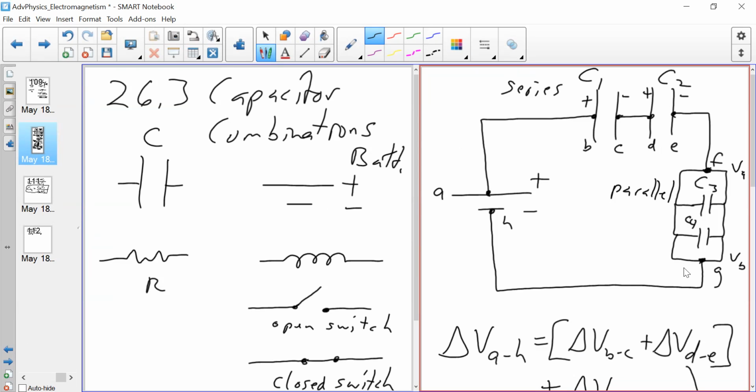You add all these voltages up: if the battery is 6, let's say this one is 3, this is 2, and this is 1, a total of 6 volts for the entire circuit. It's like a conservation of charge, even conservation of energy, for the entire circuit. There's not going to be any part of the circuit at a greater potential than the battery, or vice versa.